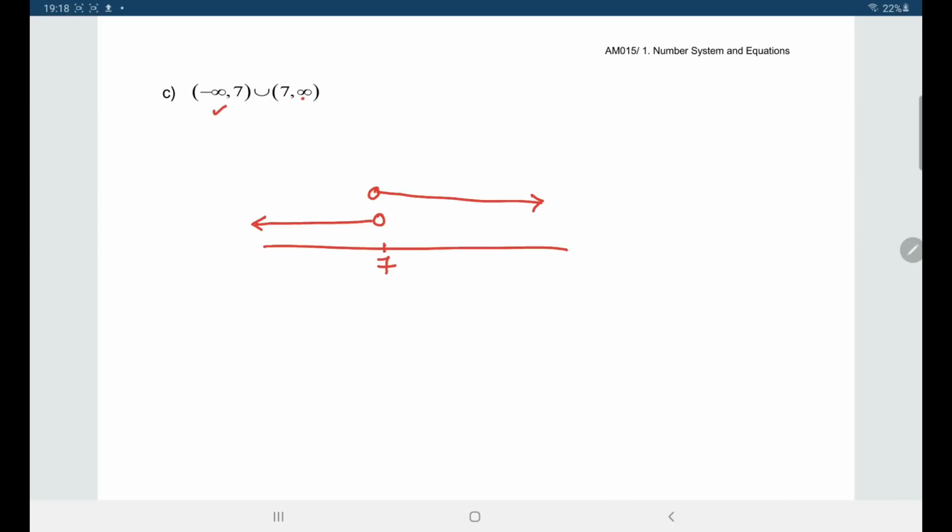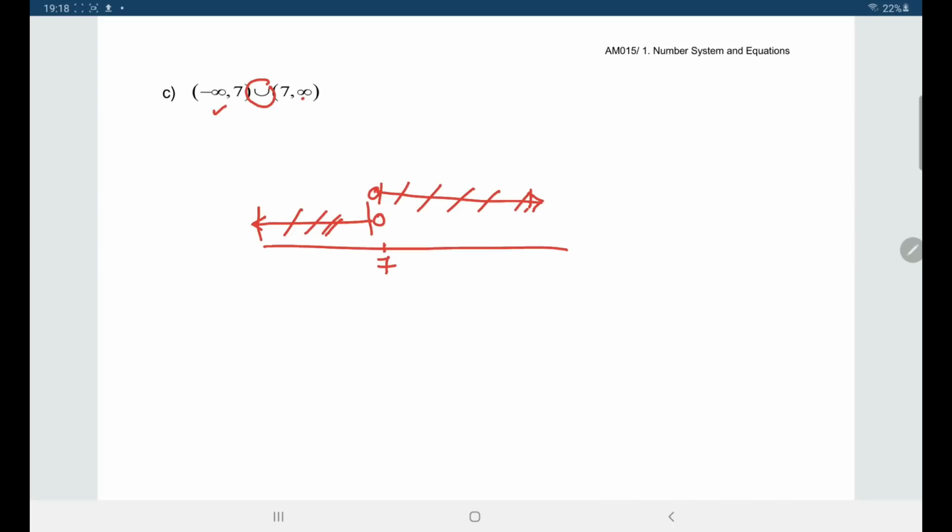So what's the solution? Okay, we go to the relation here. The sign is union. Okay, from the diagram, the solution is from -infinity to 7 and from 7 to +infinity.